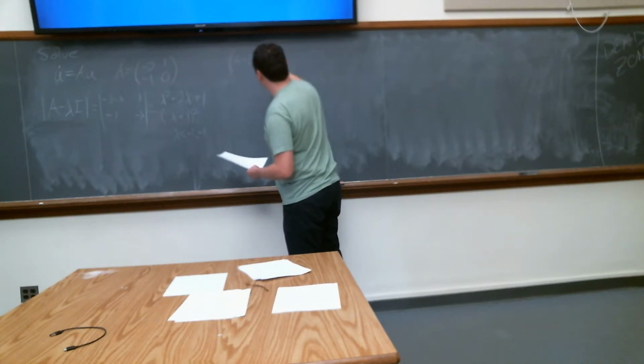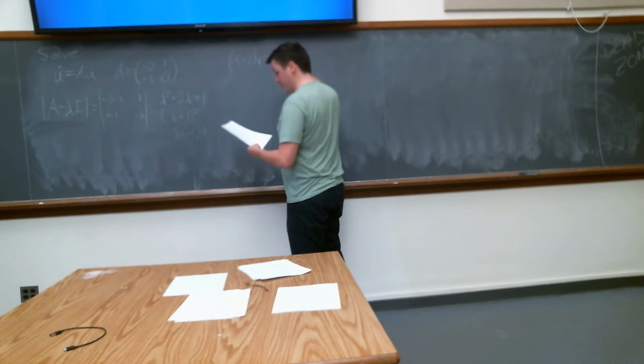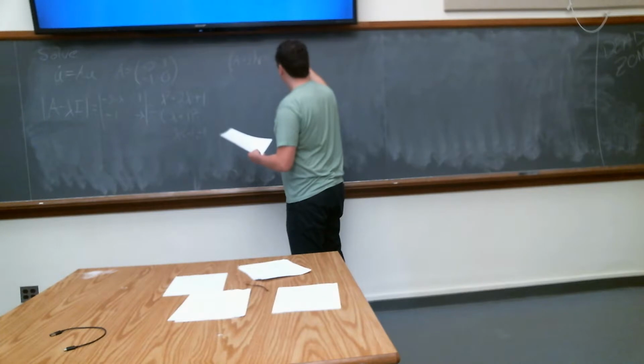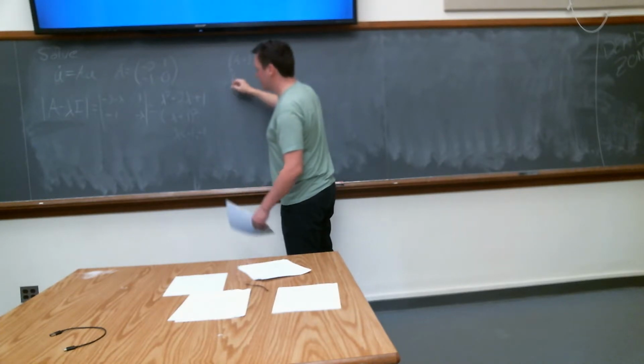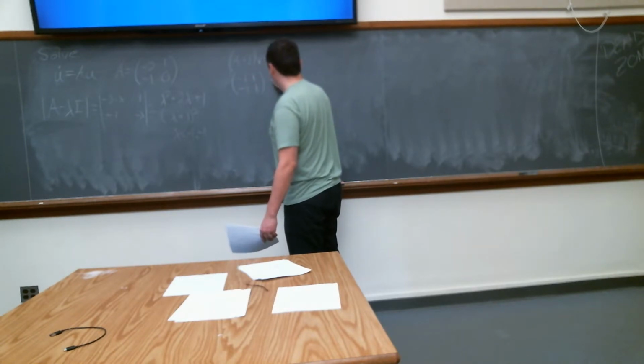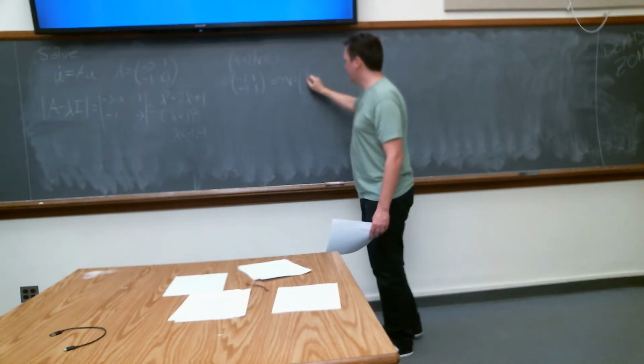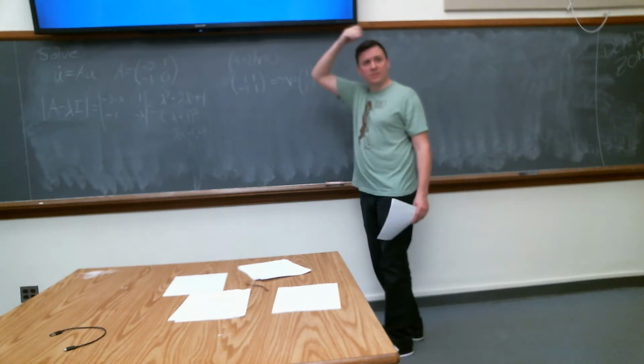It's better. A plus I times B is equal to 0 is what we want to do. So we get what? -1, 1, -1, 1. I think you guys have done this enough that you can see that's the vector, right?